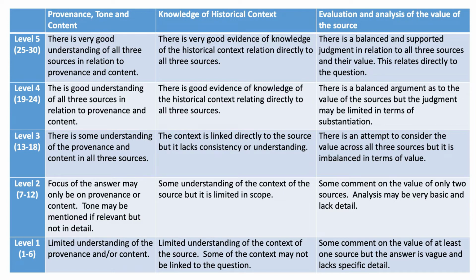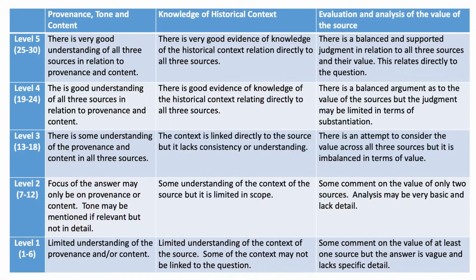If we manage to do some comment on the value of two sources, we're going to get up to level 2 maybe. The analysis may be basic, it may lack detail, and we may only focus on provenance or content. Now we're talking at level 2 though. We need to include provenance and content to get to level 3.